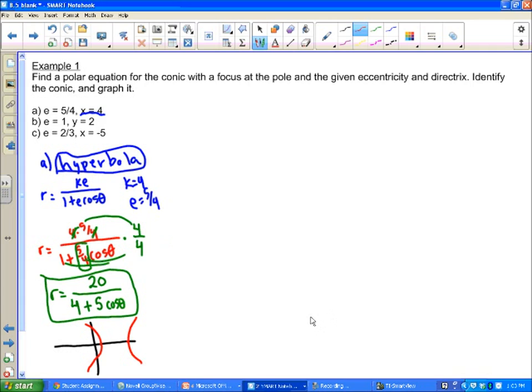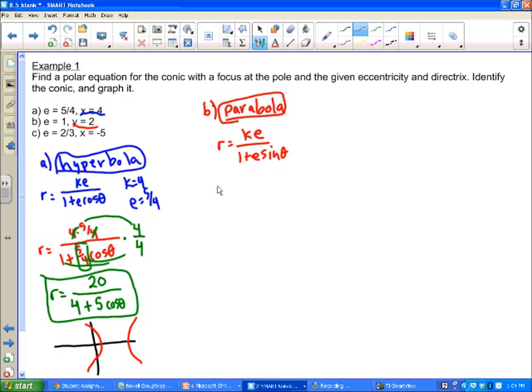Let's do B now. Part B, e equals 1, so that's a parabola. And then we would look at this right here, y equals 2. That means that our formula we're going to use to start off with is going to be 1 plus e sine theta on the bottom because it's y equals and it's positive.